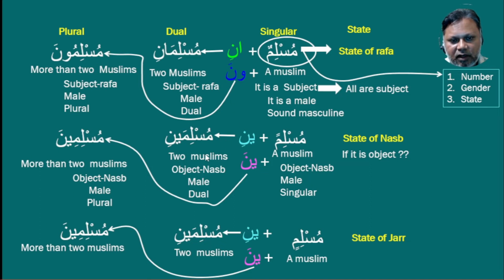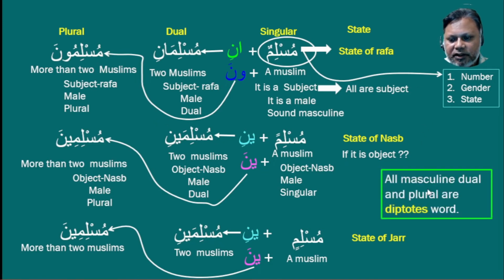So this type of word in dual and plural shows only two states, and in singular it can show three states. All of these words can be used in three states, but dual and plural disclose only two states because they have only two markers.